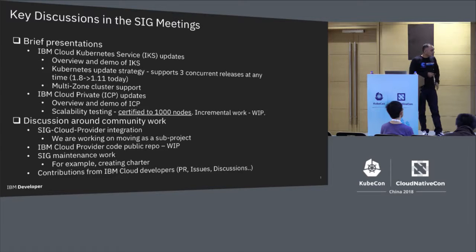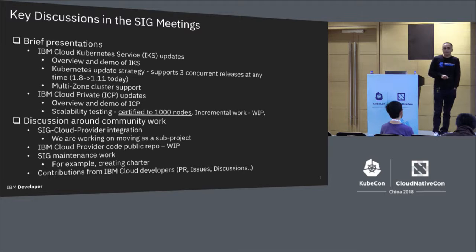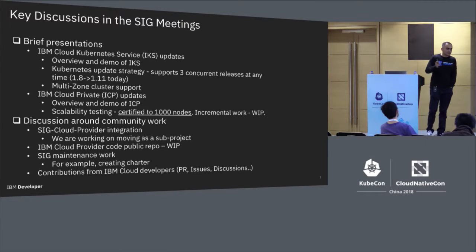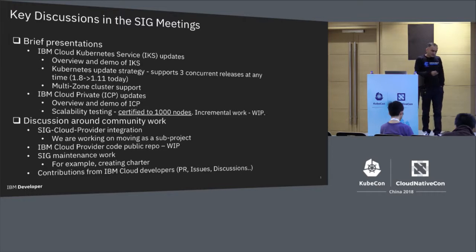Things like cloud provider code. If you're familiar with all these cloud provider SIGs, one of the things they talk about is the code they need to easily have Kubernetes running on top of whatever they're offering on their cloud. That required some extension from their side. So that is another work in progress from our side.